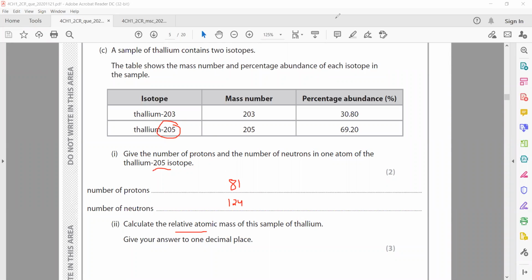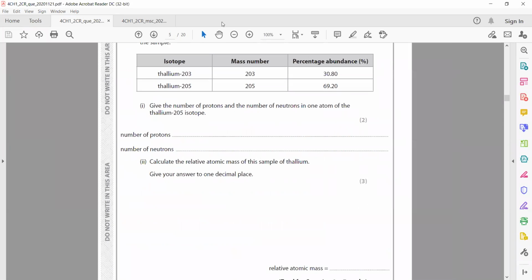How can we find the relative atomic mass of the sample? From the percentage abundance of the isotopes. So that's the percentage of the isotope, which is 30.8, multiplied by the mass of the isotope, which is 203, plus the percentage of the isotope, which is 69.2, multiplied by the mass of the isotope, which is 205, and divided by 100, because the total percent is 100.